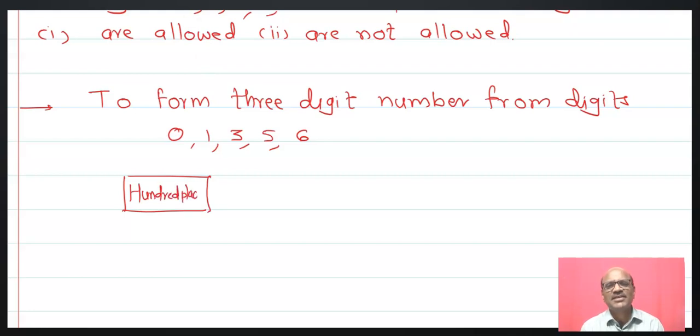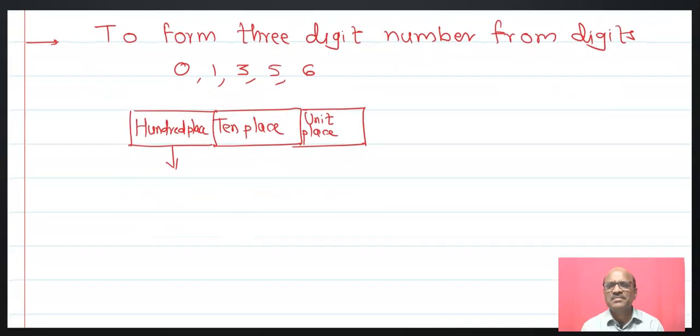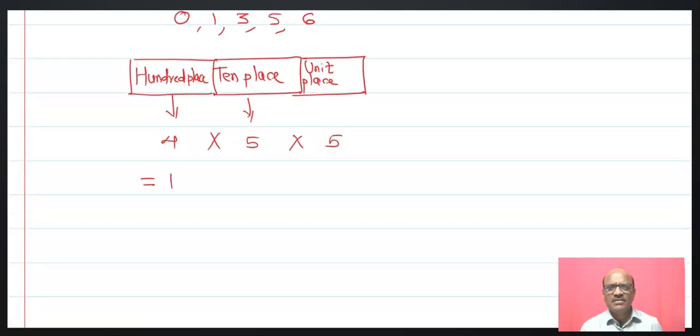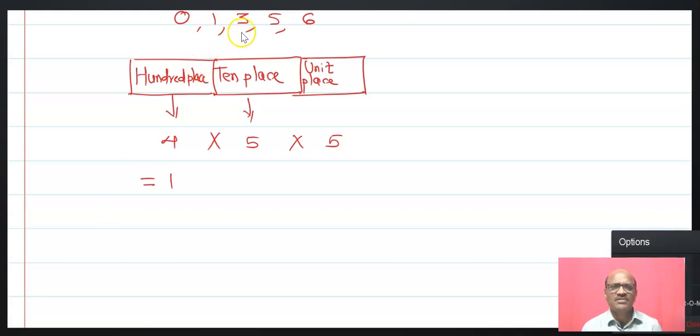Now see this here, 100 place and 10 place असणार आहे आणि एक युनिट प्लेस असणार. आता इथे मात्र 100 प्लेसला आपल्याला 0 नाही घेता येणार आहे. For the 100 place we can select from 1, 3, 5, 6. या चौघातनच आपल्याला घेता येईल कारण की 100 प्लेसला 0 टाकला तर ते 2-digit नंबर तयार होणार आहे त्याच्यामध्ये. Therefore we can select from 1, 3, 5, 6.